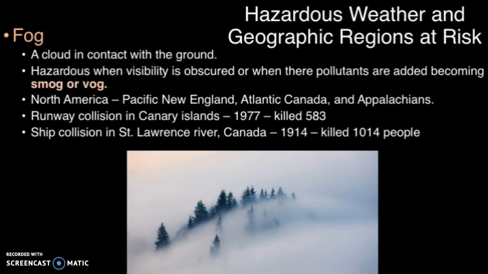Two different airplanes were on the runway and they crashed, killing about 583 people, which I believe is the largest airway death toll. And then another, a ship collision in the St. Lawrence River in Canada of two different ships in 1914, which killed 1,014 people.